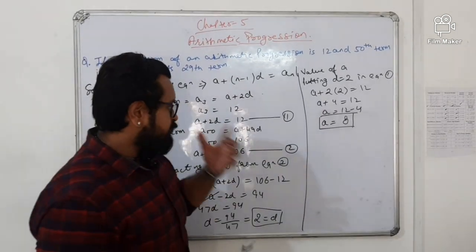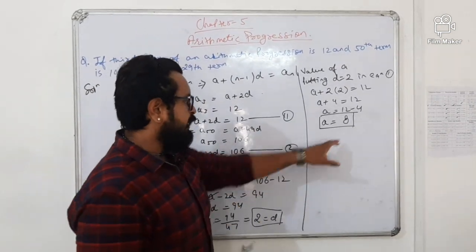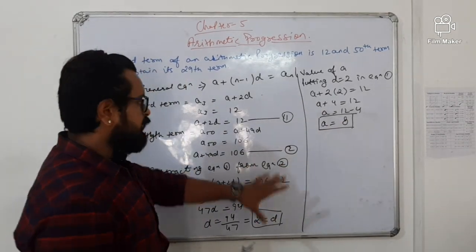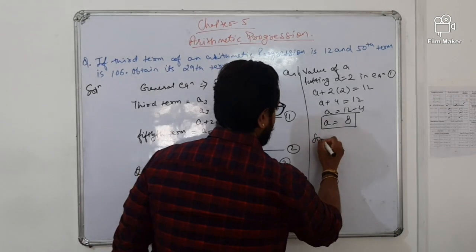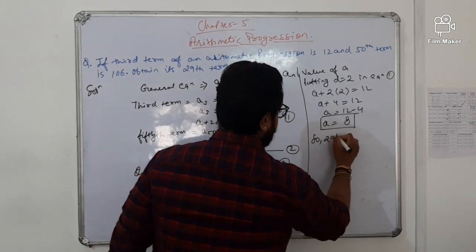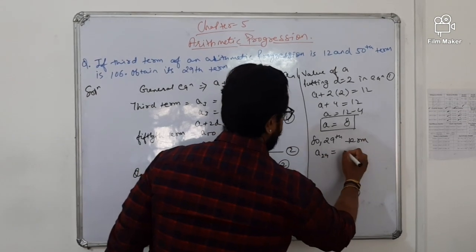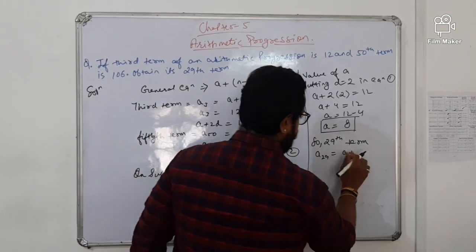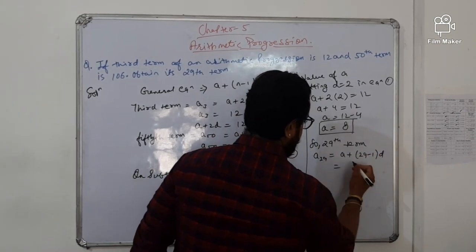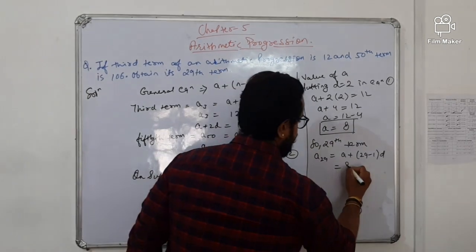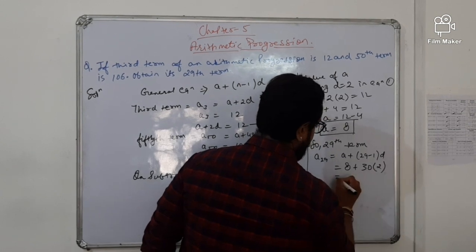And as we know, for solving this question we need only the value of D and A. Here we got the value of D and A, and the value of n is already given, that is 29. So the 29th term, A29 is equal to A plus 29 minus 1 into D. The value of A is 8 plus 29 minus 1 is 30 and D is 2.